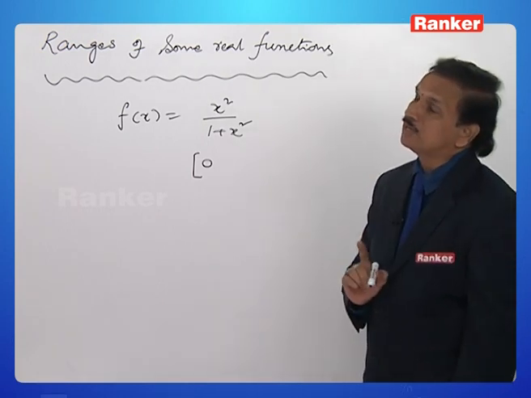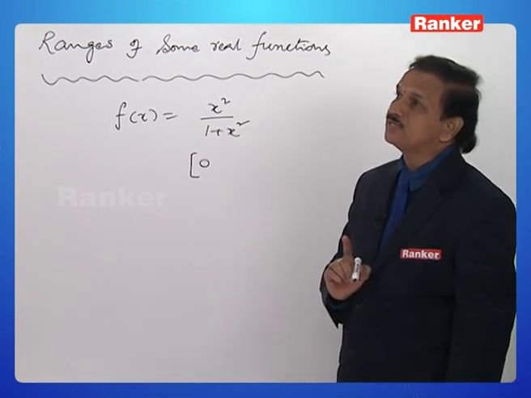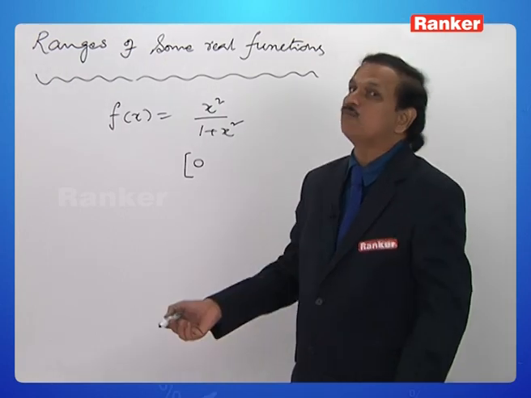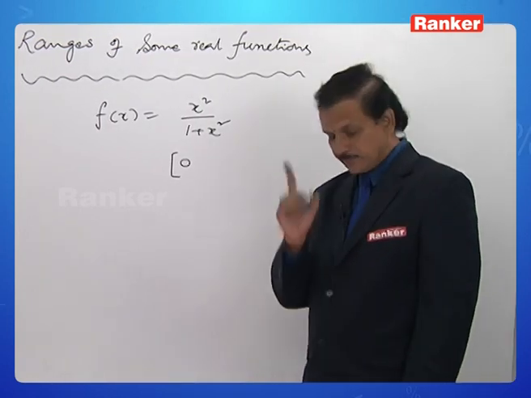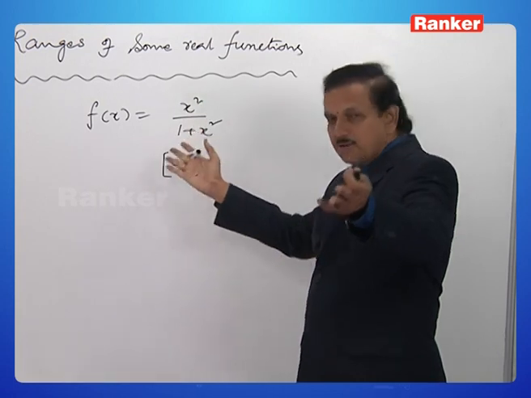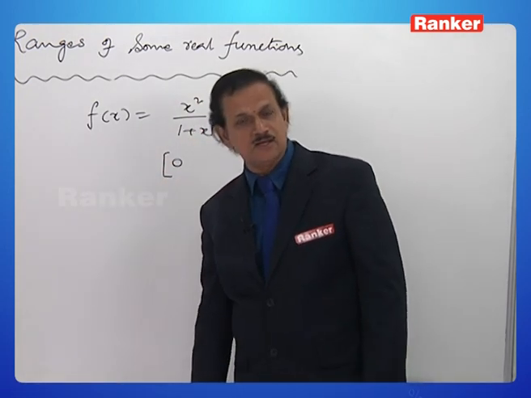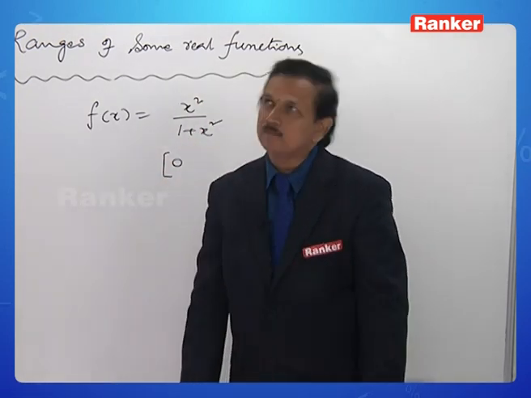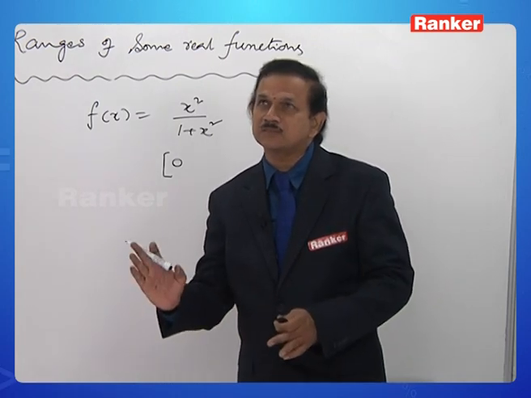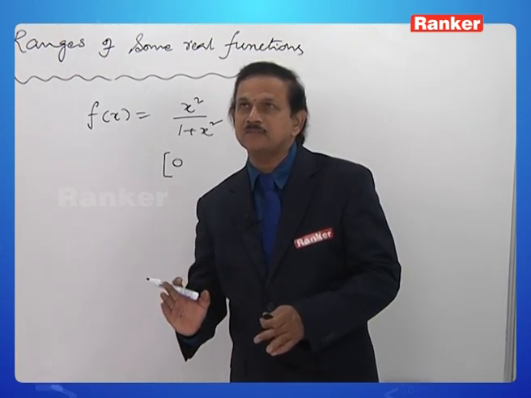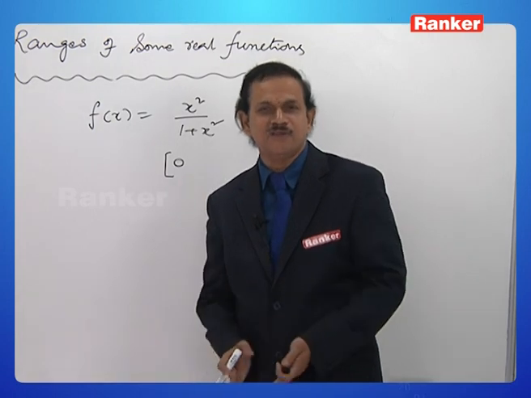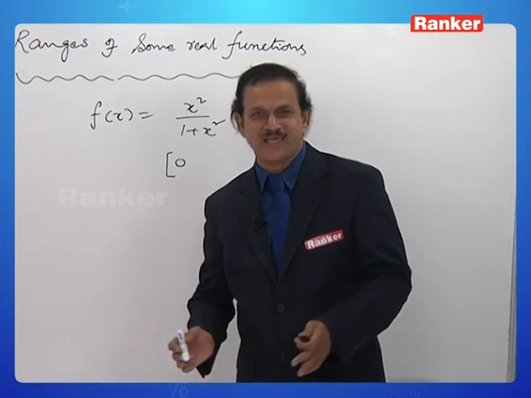And we should think of, is there any possibility for that fraction to become 1? If at all it happens, x square may become equal to 1 plus x square. Is it possible? If x square is equal to 1 plus x square and x square can be cancelled, 1 is equal to 0 is a foolish thing to say.